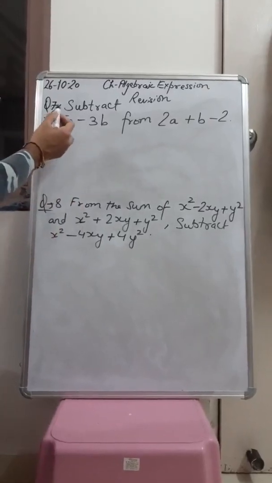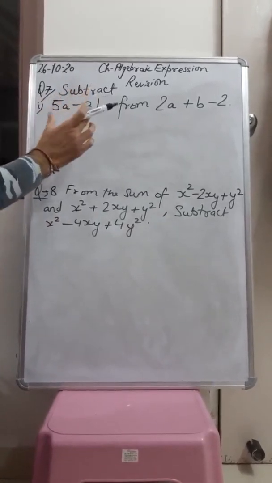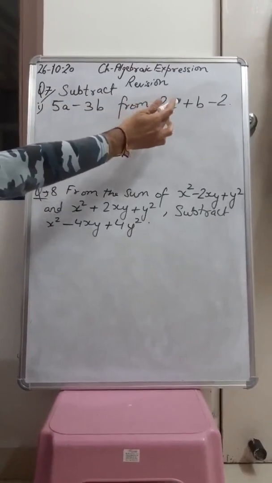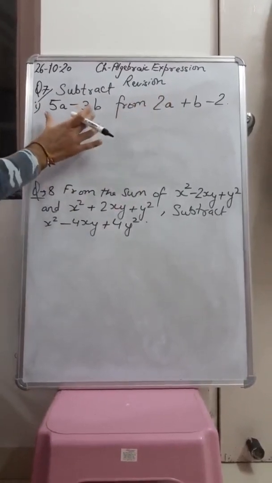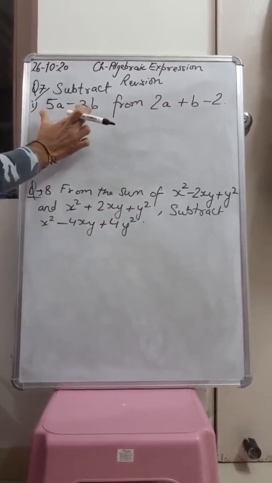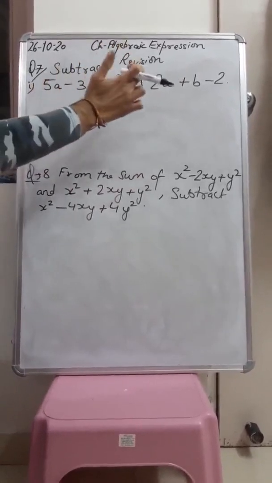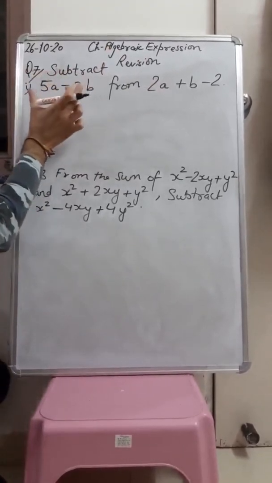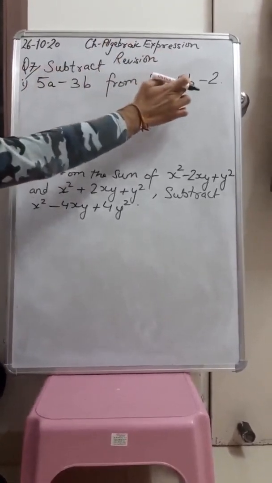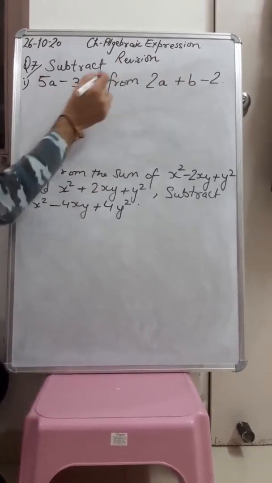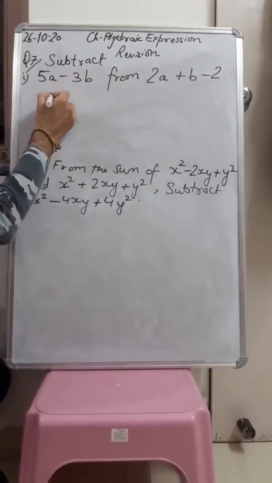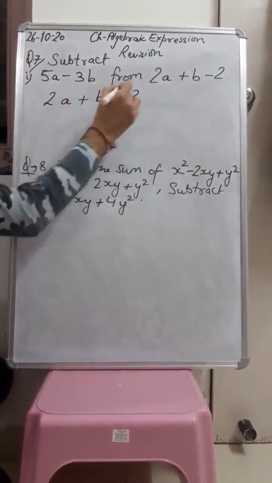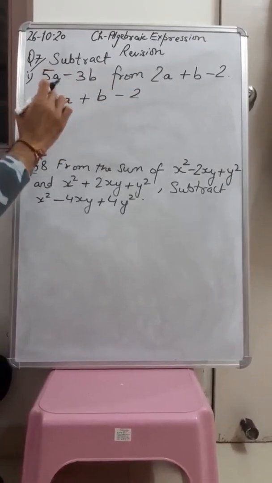Now question number 7 is to subtract 5a minus 3b from 2a plus b minus 2. That means the first expression is 5a minus 3b, and we have to subtract this from 2a plus b minus 2. Whenever we have to subtract an expression from the given expression, the expression after 'from' will come first, that is 2a plus b minus 2, and from this we subtract 5a minus 3b.